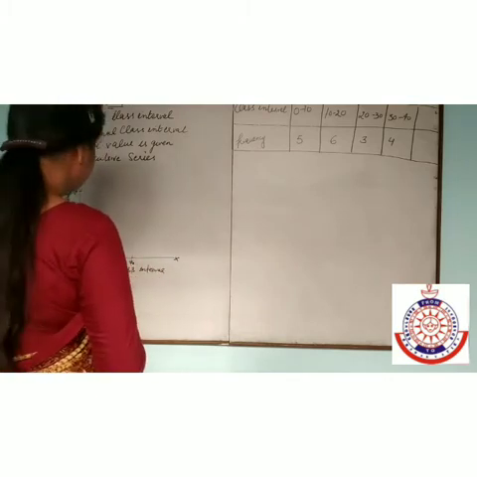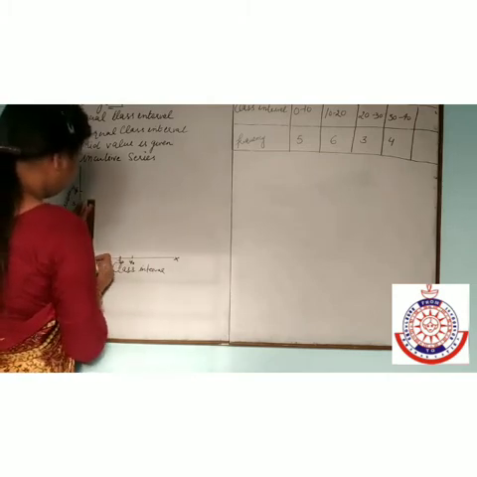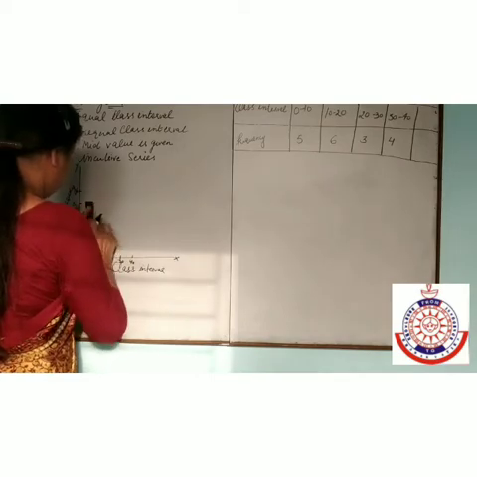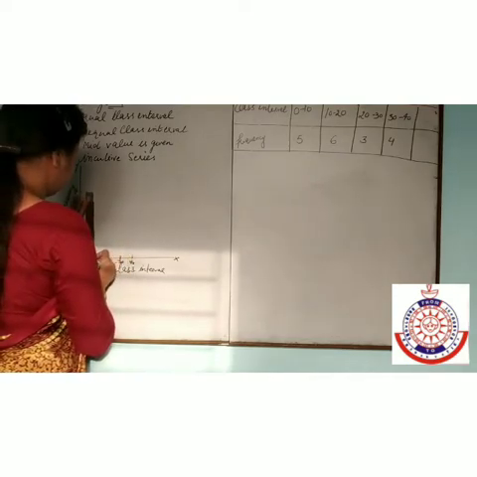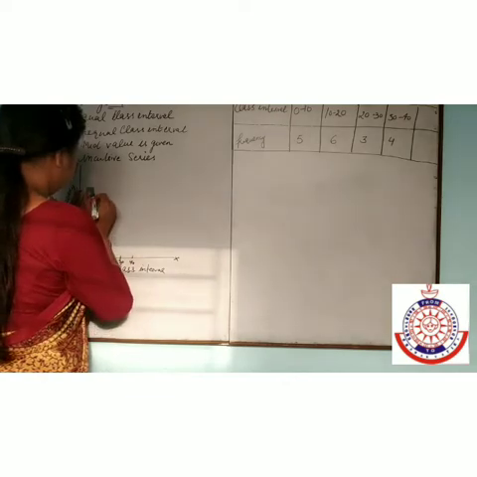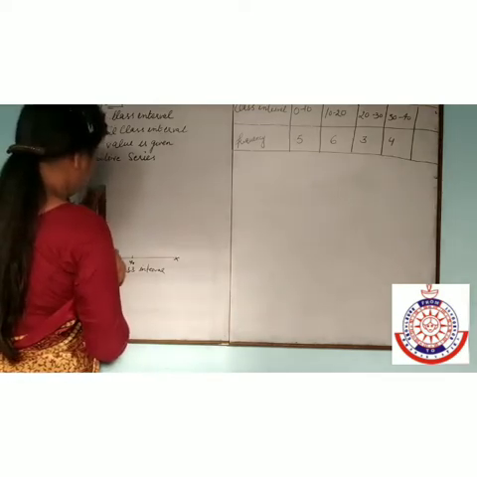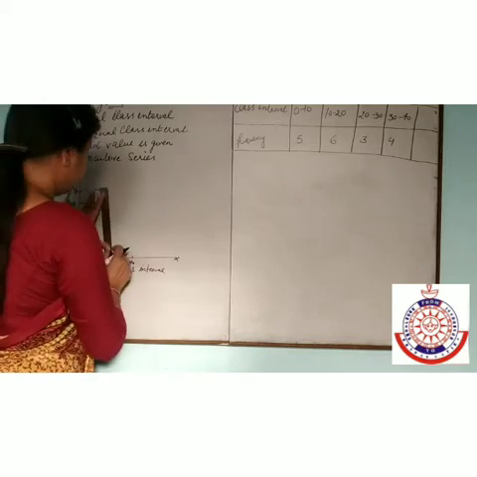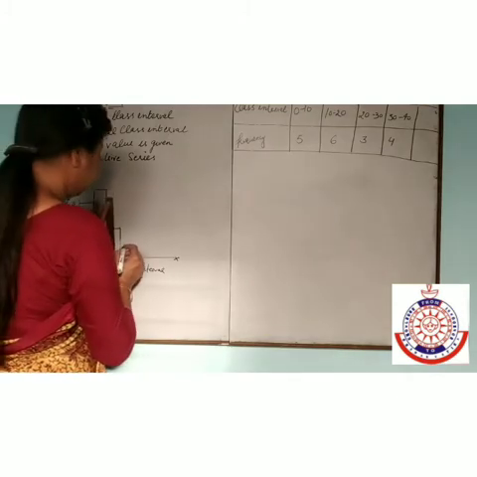First of all, 0 to 10 is equal to 5. Then 10 to 20, then 3, then 4.